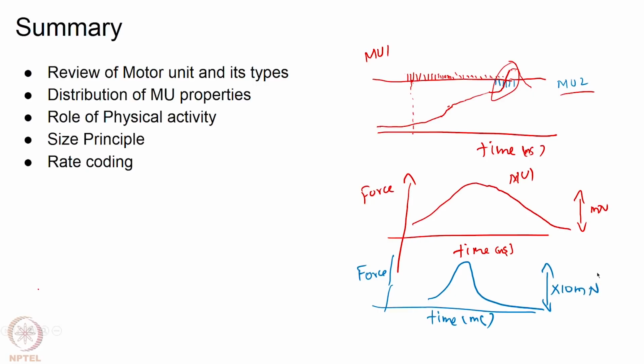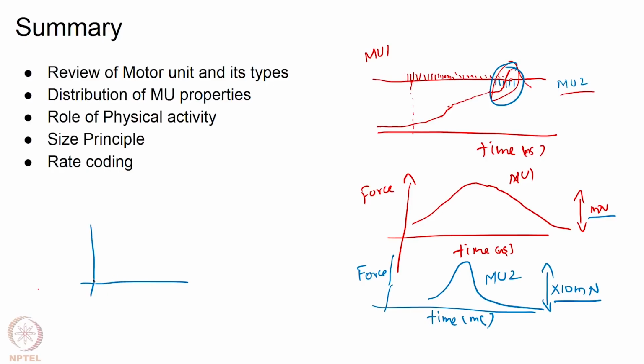So, if I recruit motor unit 2, I am going to see this sudden increase in slope. Why? Because this unit can produce a greater amount of force. Note the difference in scales: one is in millinewtons, the other in several tens of millinewtons.